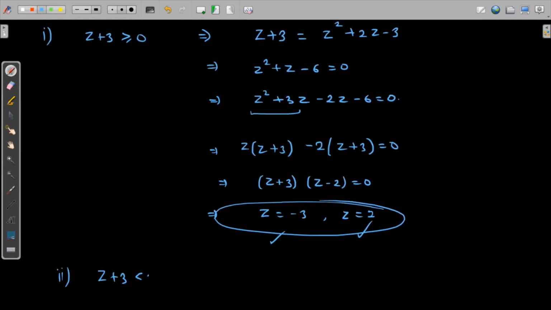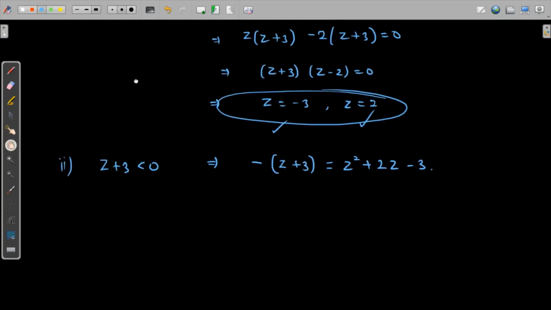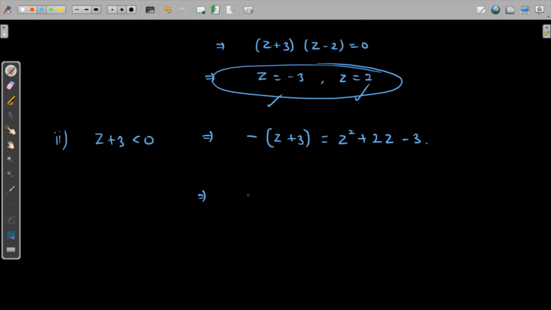Now, let's talk about the other condition, when z plus 3 is negative, which means that the absolute value will be opened up with a negative sign. So negative of z plus 3 is equal to z square plus 2z minus 3. Let's open the parentheses: negative z minus 3 is equal to z square plus 2z minus 3.